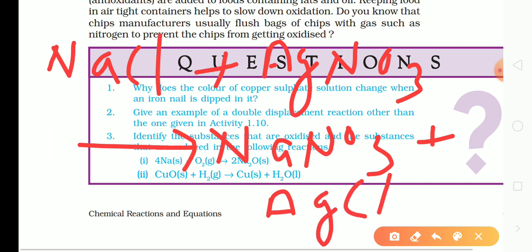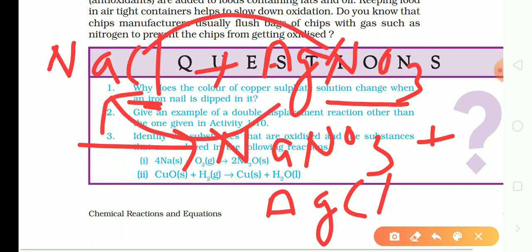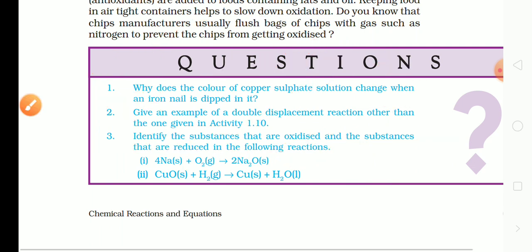You can see the exchange of ions. Initially, chlorine was with sodium and nitrate with silver. After the reaction, chlorine goes to silver and nitrate goes to sodium. This is one more example. You can find several examples in this same textbook and chapter.